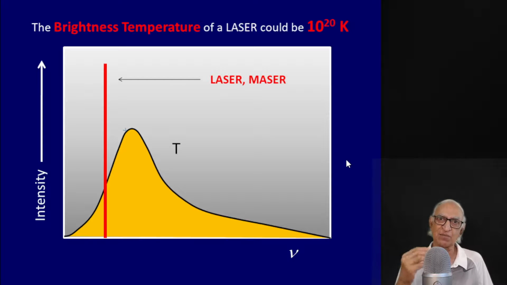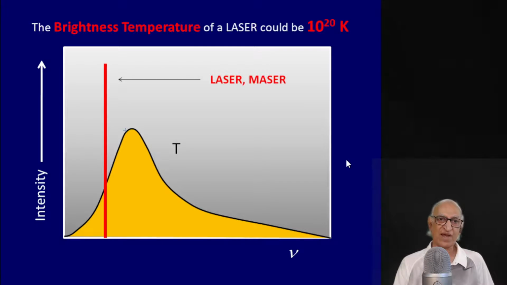Now, if you calculate the brightness temperature of a laser or a maser, you will get some ridiculously large number like 10 to the power 20 Kelvin or 10 to the power 25 Kelvin. Clearly, your laser pointer is not at a temperature of 10 to the power 25 Kelvin. It's at 300 Kelvin.